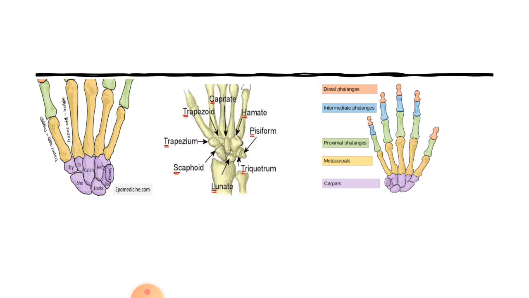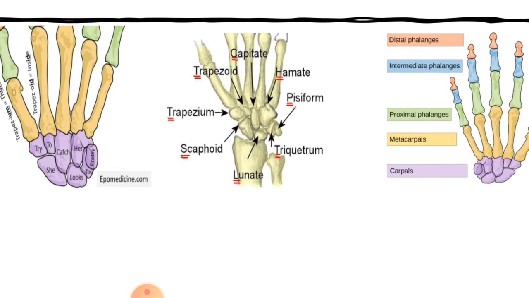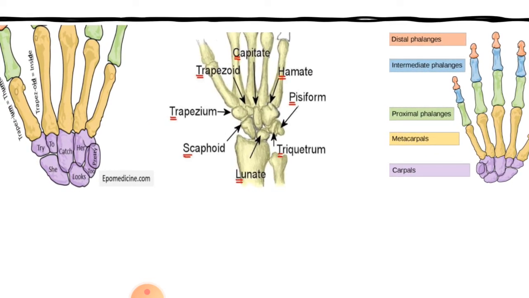Now we will look at the image. So you can see that they are arranged in 2 rows, and in the proximal row we have 4 bones: the scaphoid, lunate, triquetrum and the pisiform bone.